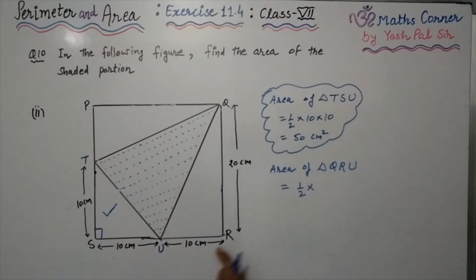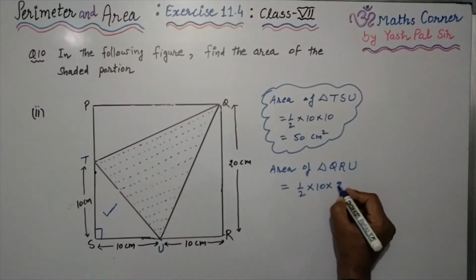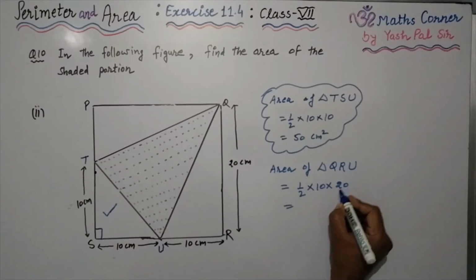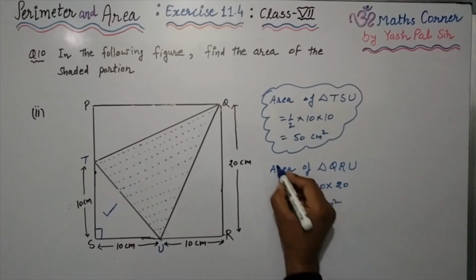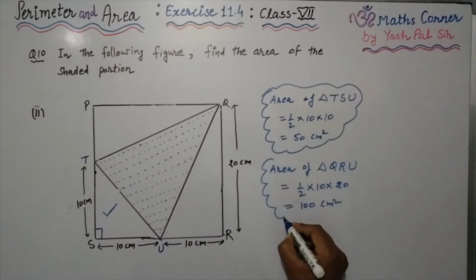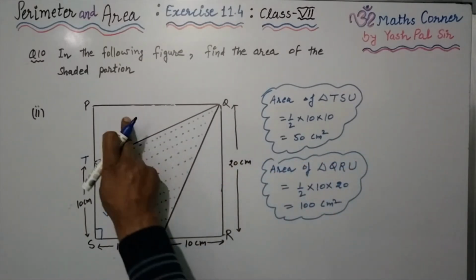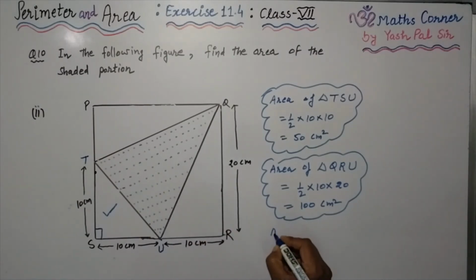This is also equal to 1 by 2 into base is 10 into height is 20. So 10 divided by 2 is 5, into 20, 100 centimeter square. Now this triangle and this triangle, they are similar.